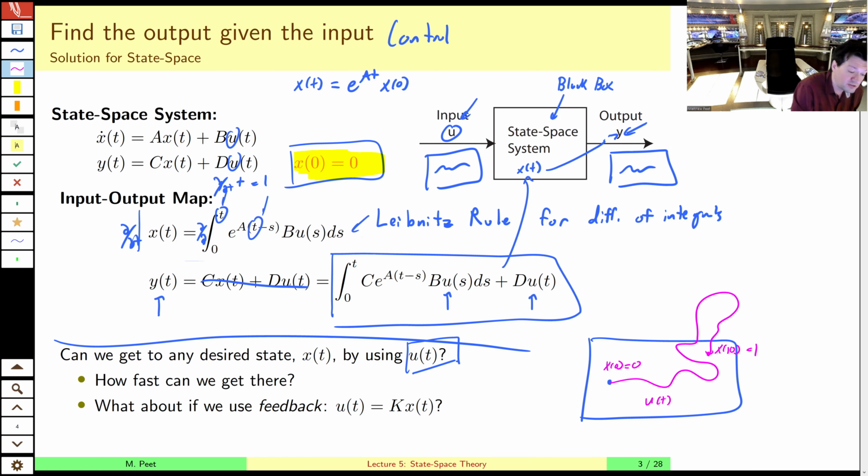So this is another notion of controllability, which we'll talk about. In this case, we don't care how we get there. We just care that we get there.